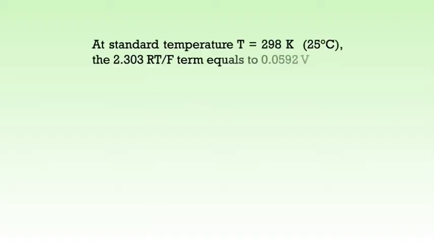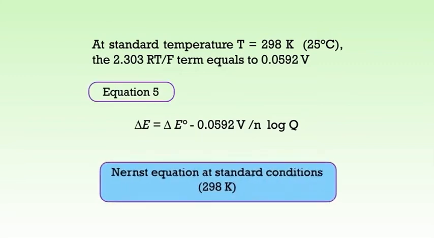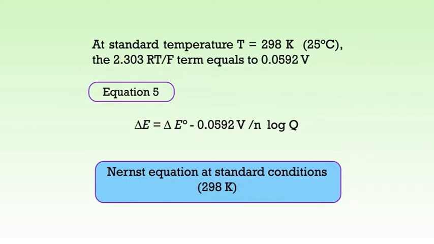So at standard temperature, which is T equals 298 Kelvin, which is 25 degrees Celsius, the 2.303 RT by F term equals 0.0592 volts. And this equation, which is the generalized Nernst equation, turns into ΔE equals ΔE naught minus 0.0592 V by n of log Q. Let's call this equation number 5. Now this is the Nernst equation at standard conditions.